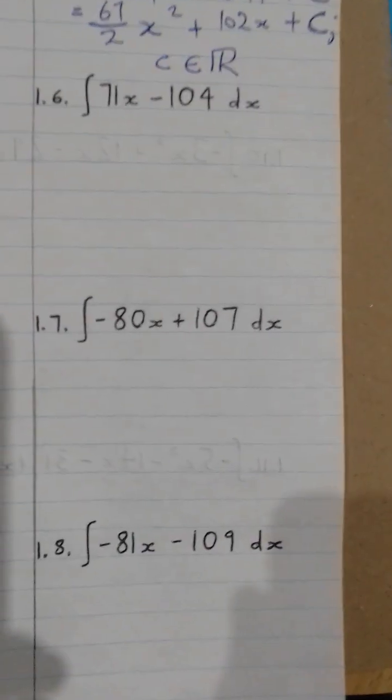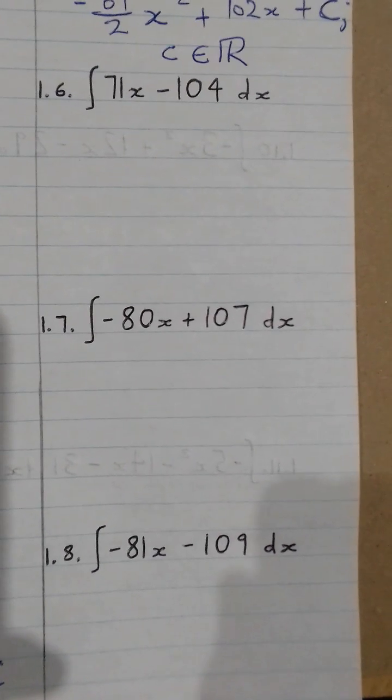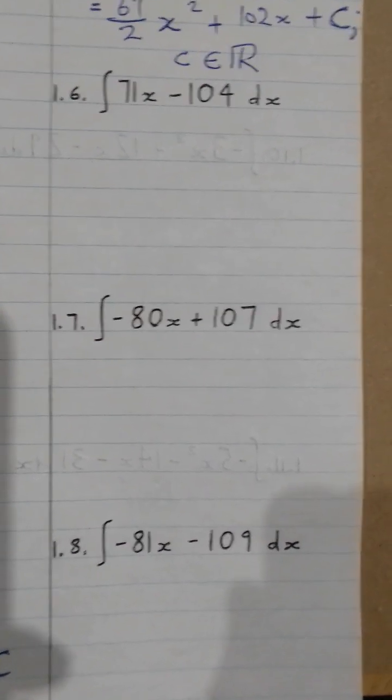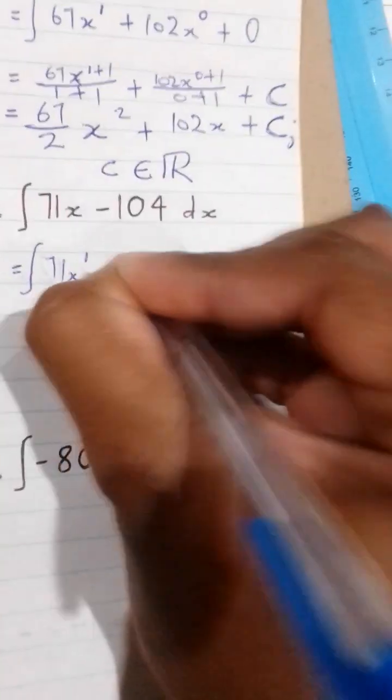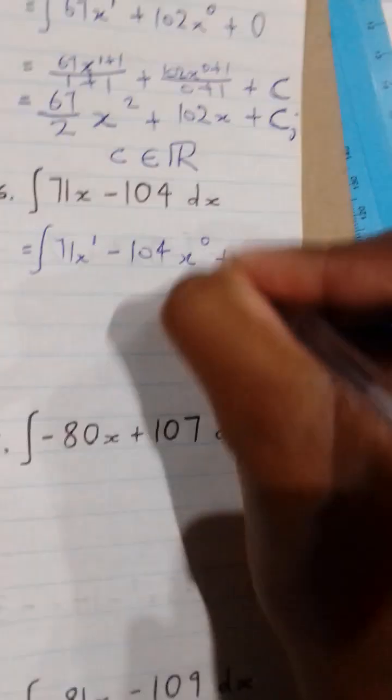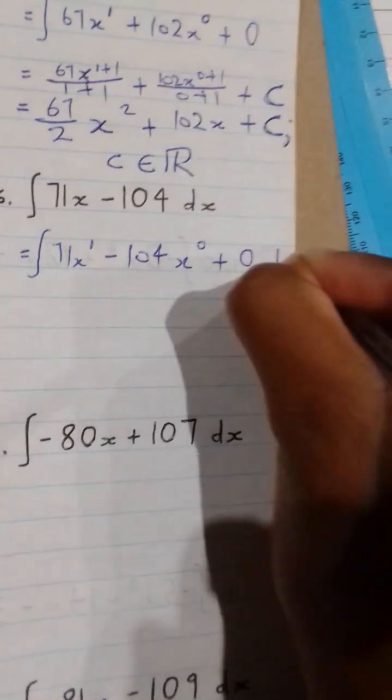Okay. 1.6, the integral of 71x minus 104 dx. Once again, this is going to be the integral of 71x to the power of 1 minus 104x to the power of 0 plus 0 dx.